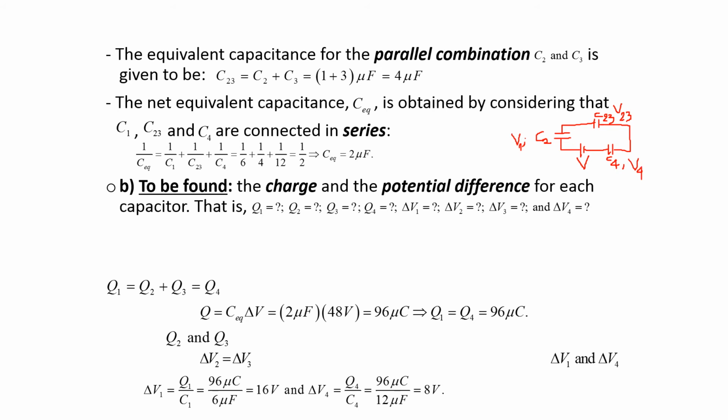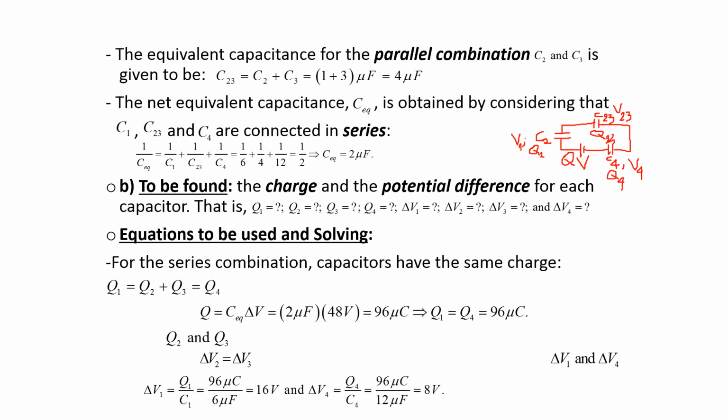And the charge released by the battery is the same charge Q1 stored by capacitor 1, the same charge stored by capacitor 23, and the same charge stored by capacitor 4. That is why we say that Q1 equals Q23 equals Q4. Then the equations to be used are these.